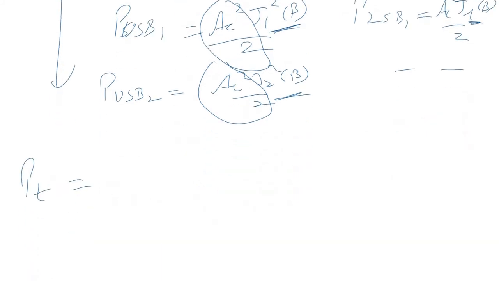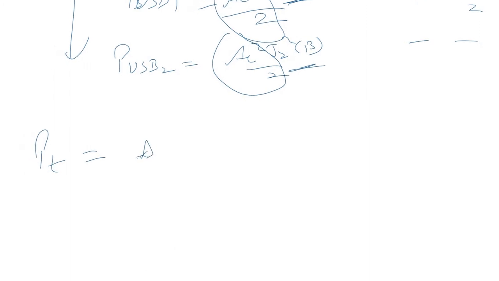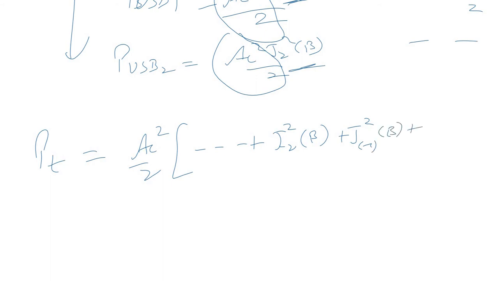So PT will be equal to AC² by 2 times J-2²(β) plus J-1²(β) plus J0²(β) plus J1²(β) plus J2²(β) and so on.